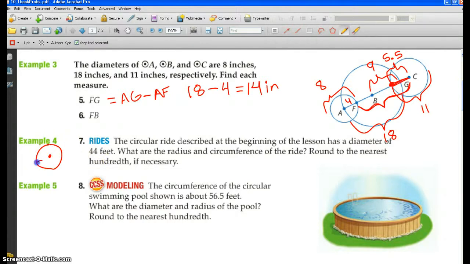Diameter of 44 feet. So its radius is going to be half of that. So radius equals 44 divided by 2, or 22 feet.